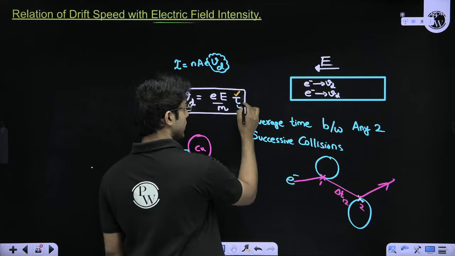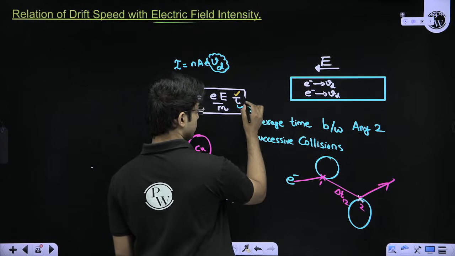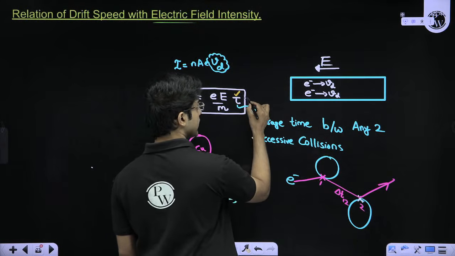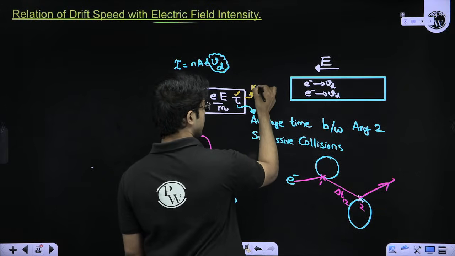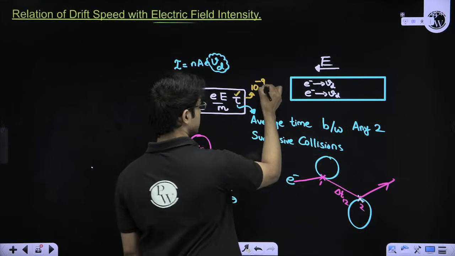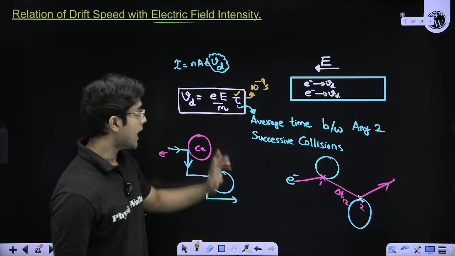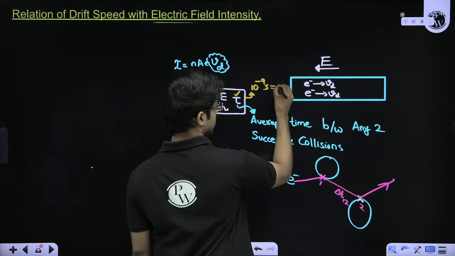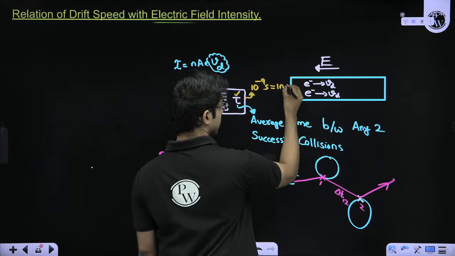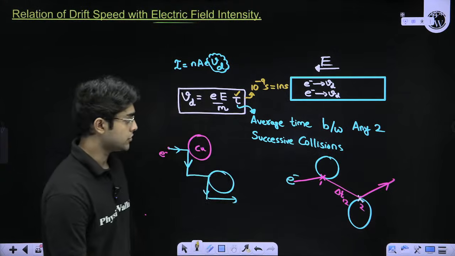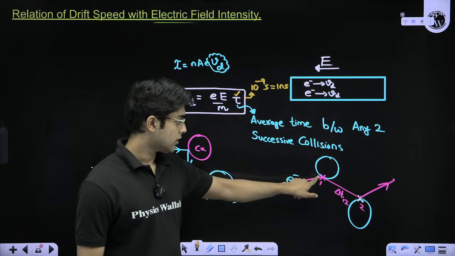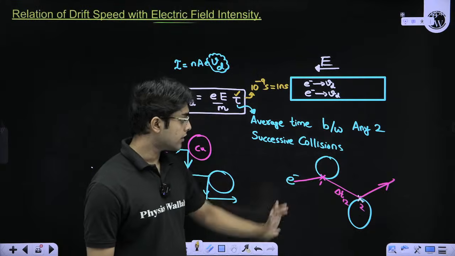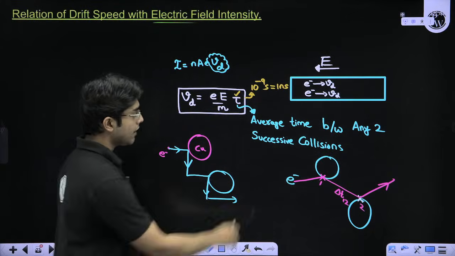Usually this depends on a lot of things. It depends on the material, it depends on the temperature and so on, but it's usually like 10 raised to minus 9 seconds, which is like a nanosecond, depending on the material and temperature. So what this means is an electron collides with another positive ion every nanosecond.